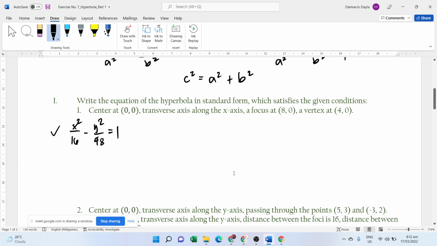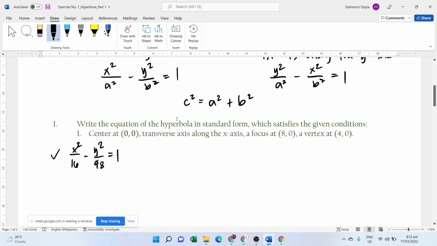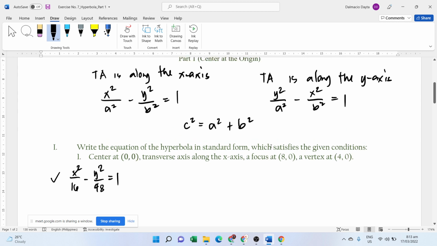Center at origin, transverse axis along the x-axis. So we have this form of the equation: x squared over a squared minus y squared over b squared equals 1. Now we said that the distance between a focus and the center is c.